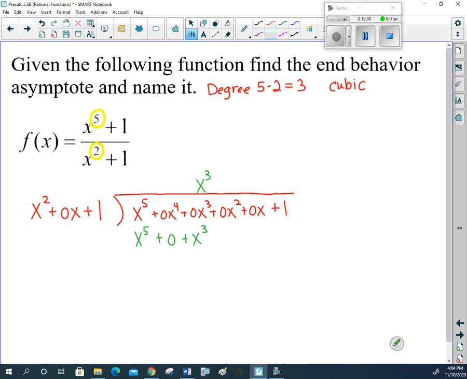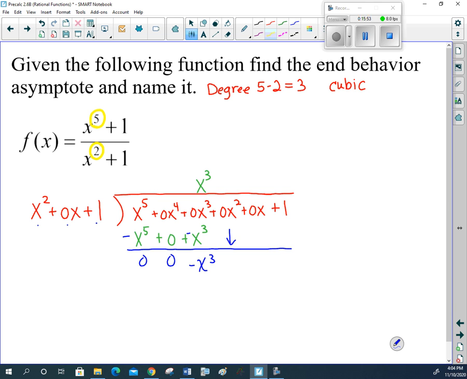So after we multiply, then we change our signs, and then we add straight down. So this first column is a 0, this second column happens to be a 0, and now the third column is a negative x to the third. And then because I have 3 place values right here on the left, I need to make sure that I have 3 place values on the right.